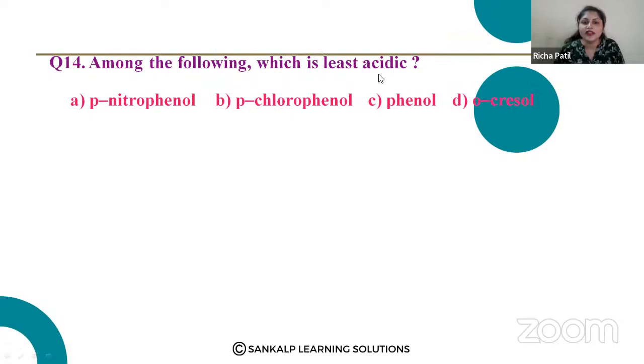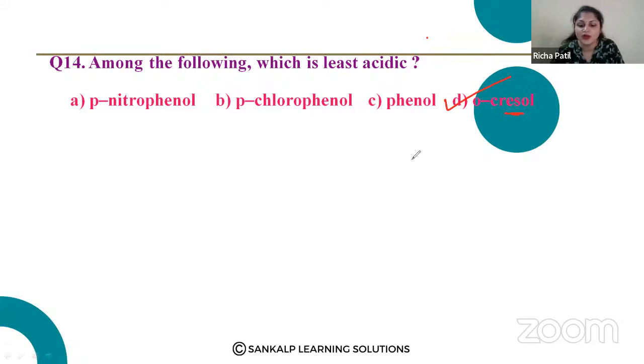So among the following, which is least stable? Yes, among the following, which is least stable? So we have to see, what did we say? Whenever you have electron donating groups, what will happen? The acidic strength will be less. So the answer is orthocresol. Cresol group, right?